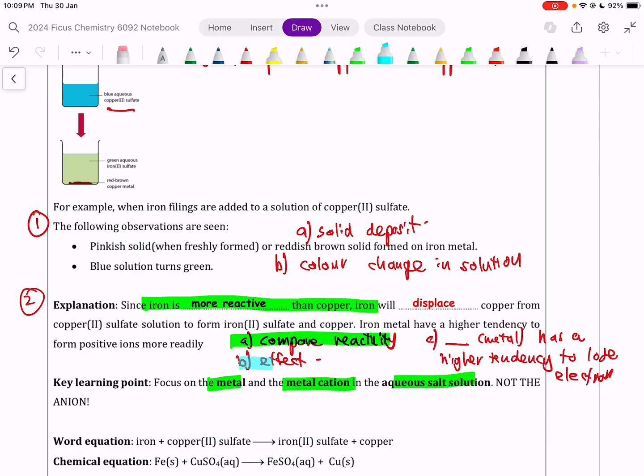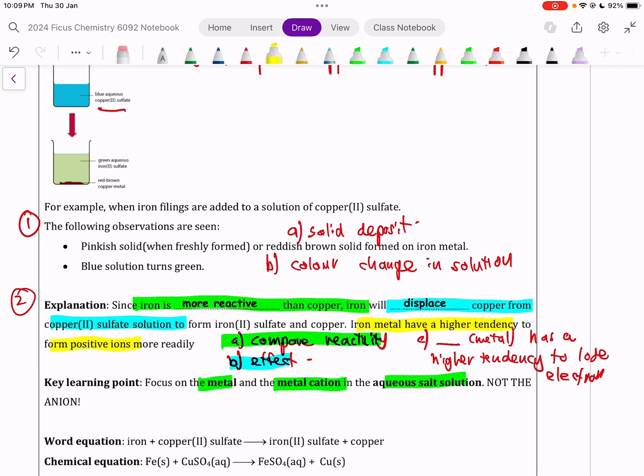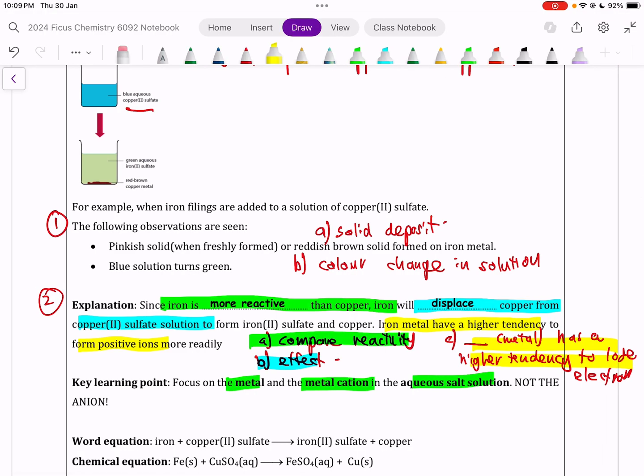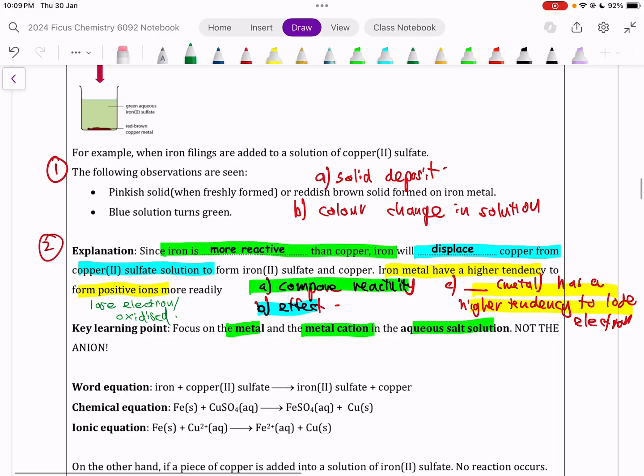Then I say the effect, what will displace what from its solution. And then the third point, which metal has a higher tendency to form electrons, or you can say lose electrons, or you can say oxidize.